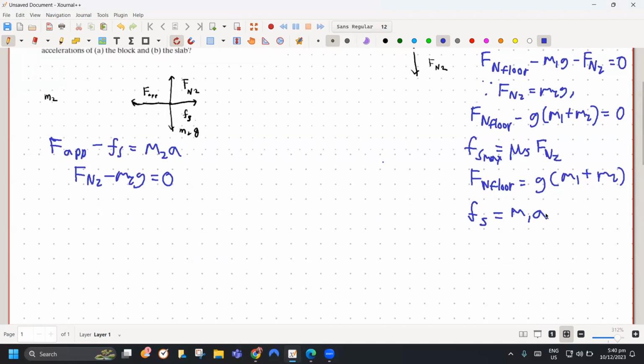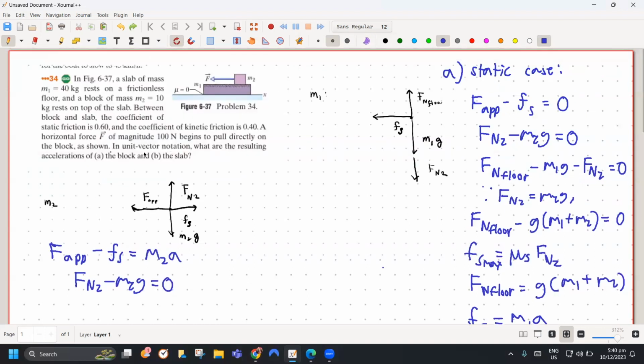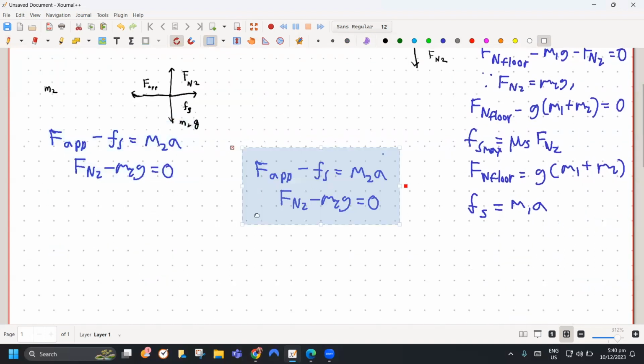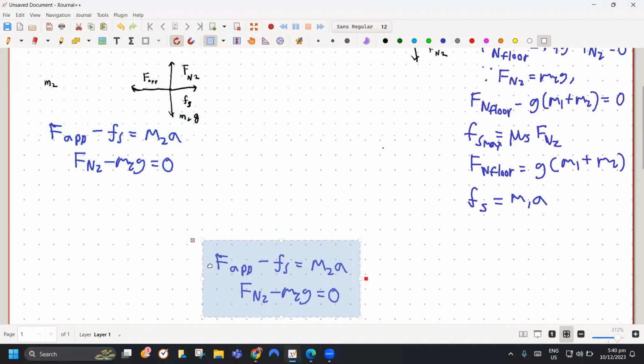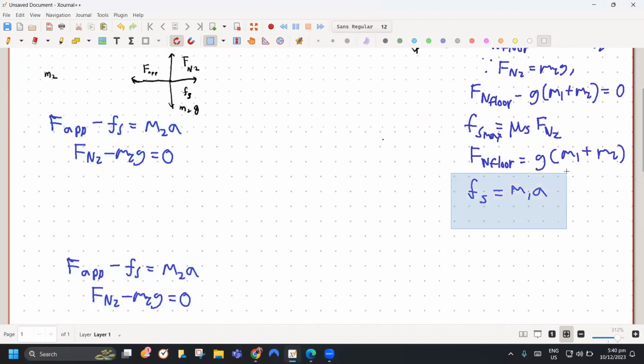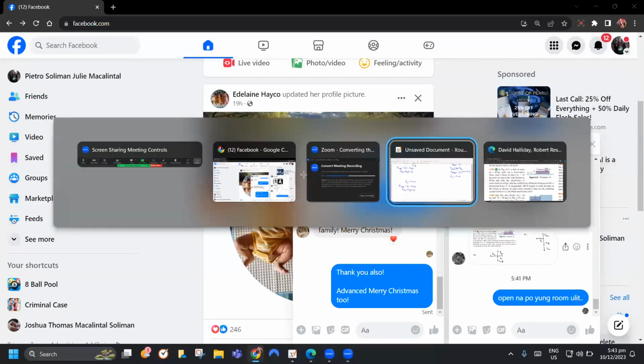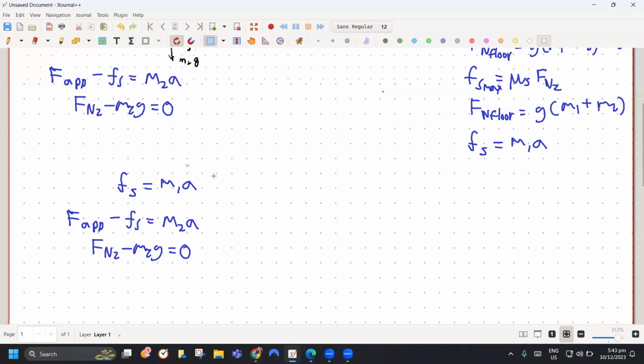So, bring them together sa baba. And then Fs equals MA. Yan, i-highlight mo.